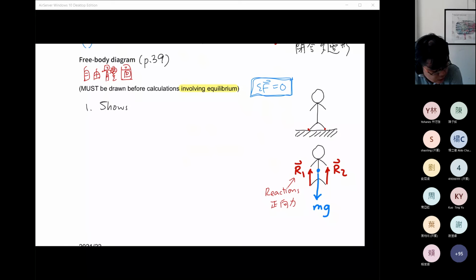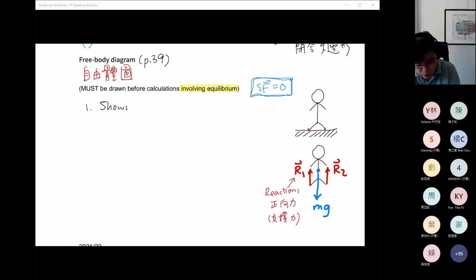So for this problem, very good, this is our free body diagram. Of course, we will have more difficult, more complex free body diagrams in the future, but for today, let's do it like this.